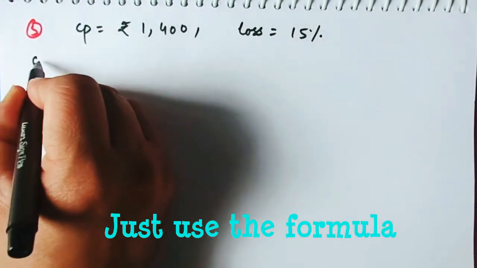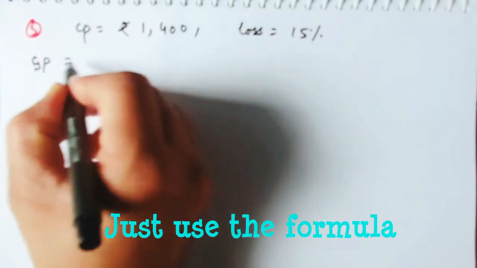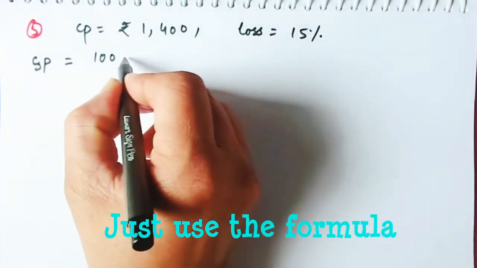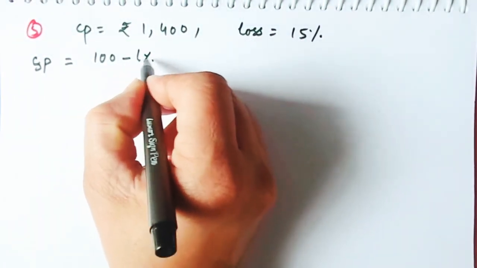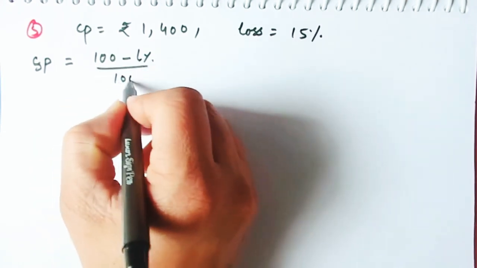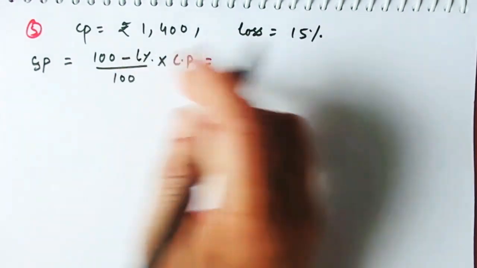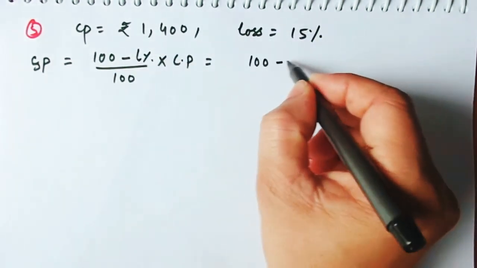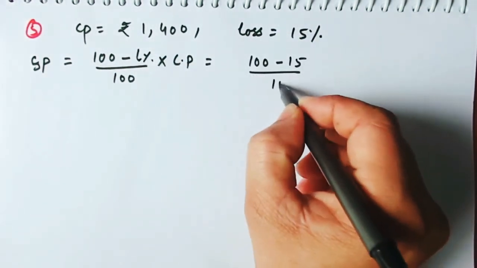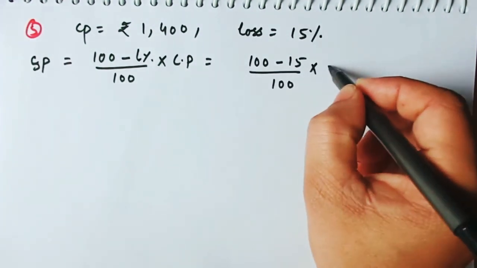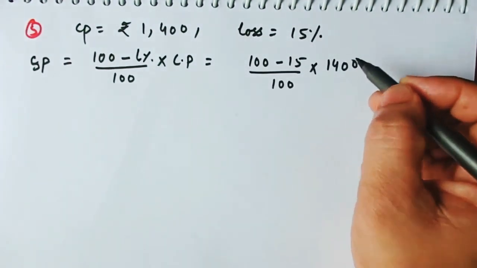Can't you find out the selling price of the machine? Selling price will be equal to 100 minus loss percent by 100 into cost price. 100 minus loss percent, that is 100 minus 15 by 100 into 1400.